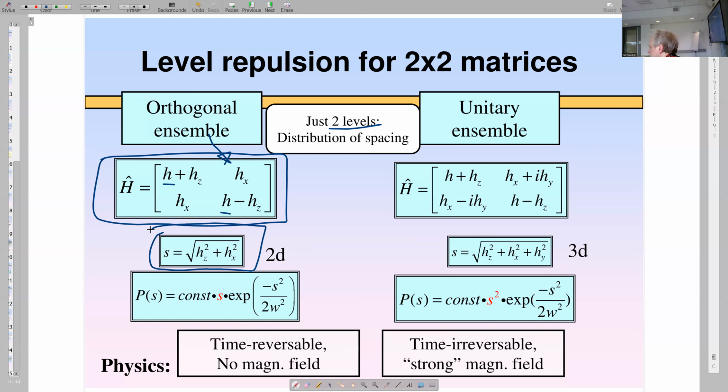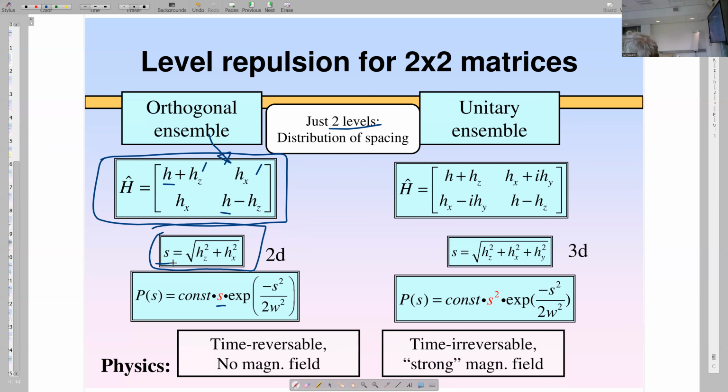And if these quantities are uniformly distributed, the probability to have a certain S scales like S. Why is it true? This is just a transition to polar coordinates.